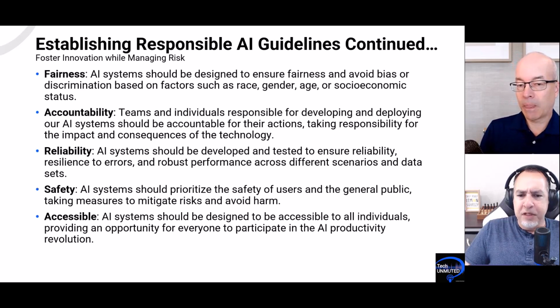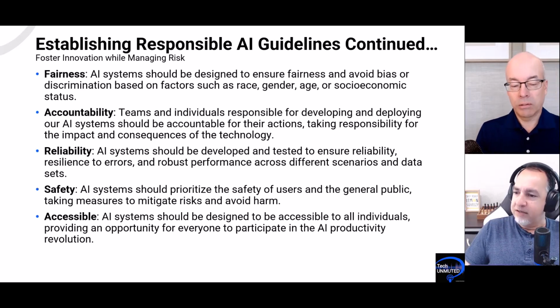So on the fairness piece, you would think it'd be straightforward, but if you look at something like ChatGPT or Midjourney in its early stages, if you ask for, let's say, an image of something, a lot of times it will default to a specific gender or a specific race.